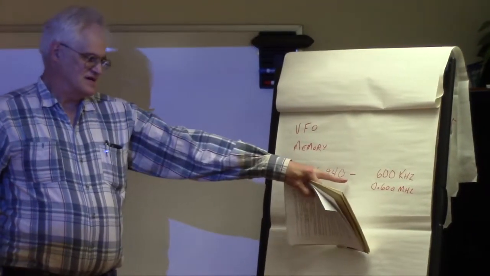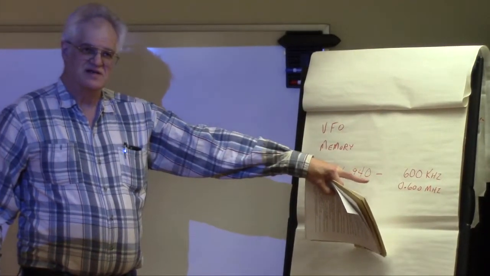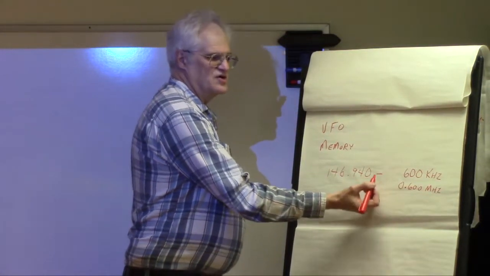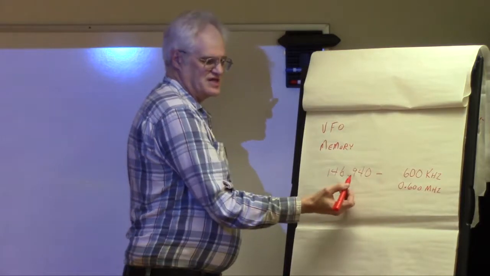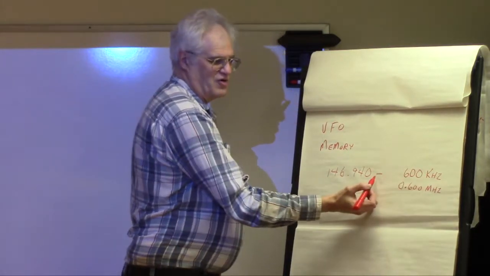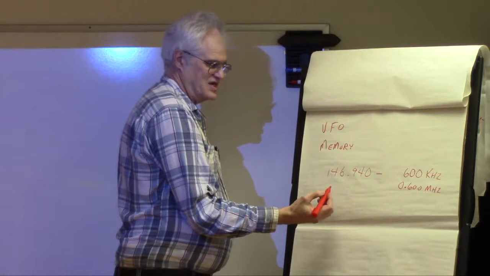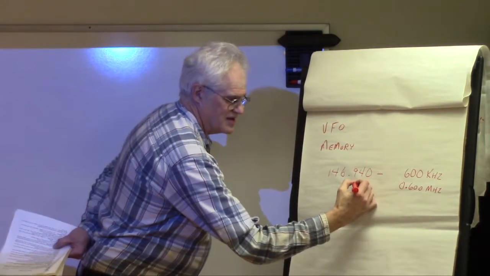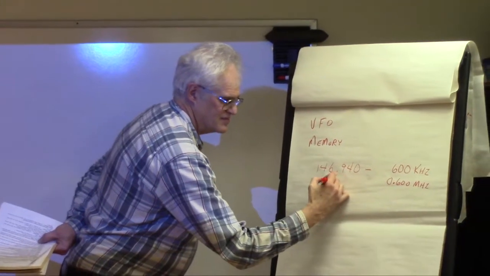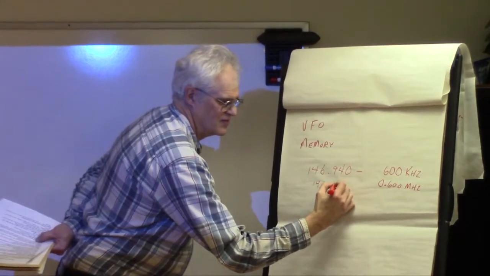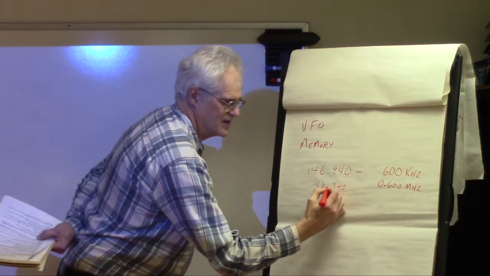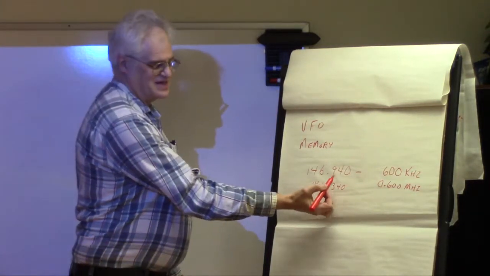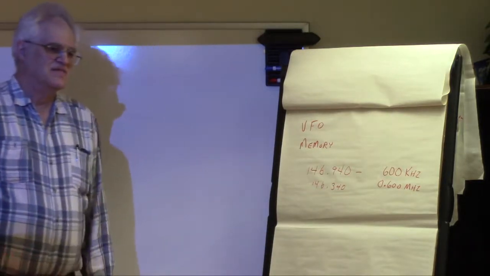So let's say it's a negative offset. When you transmit, you're going to transmit a frequency 600 kilohertz lower than your receive frequency. Since I'm saying it's a negative offset, we would transmit on that lower frequency. If I said it was a positive offset, we would add 600 kilohertz to that.